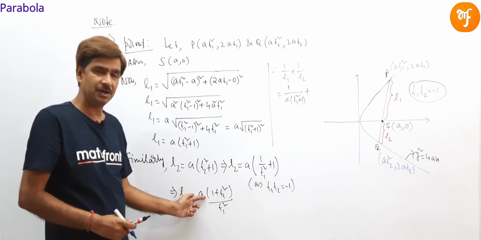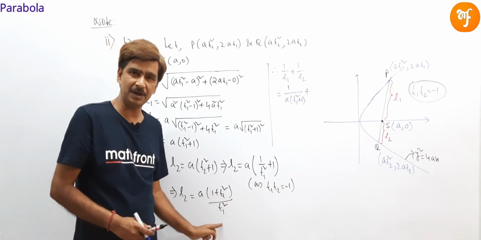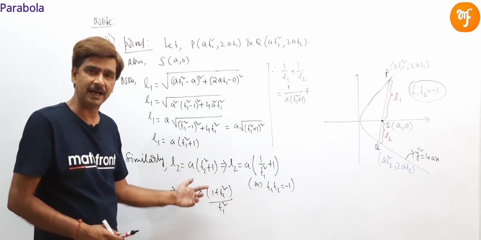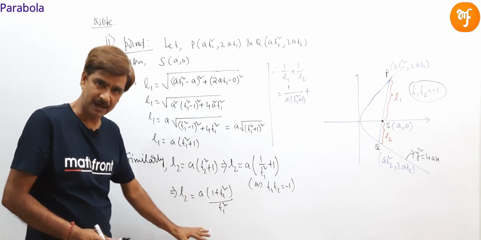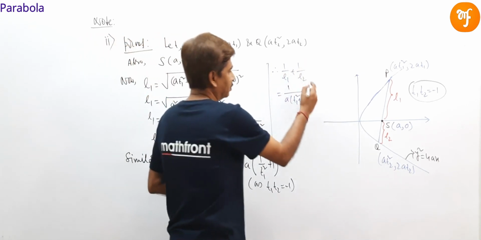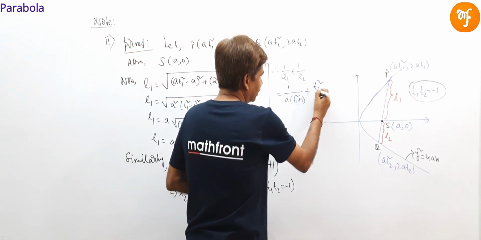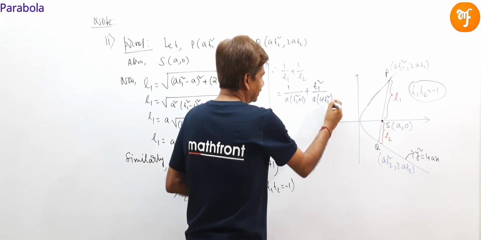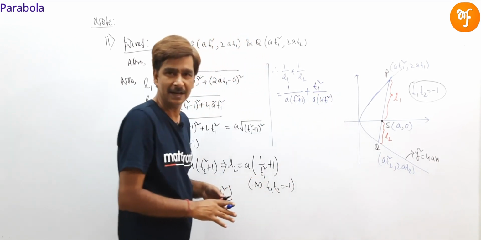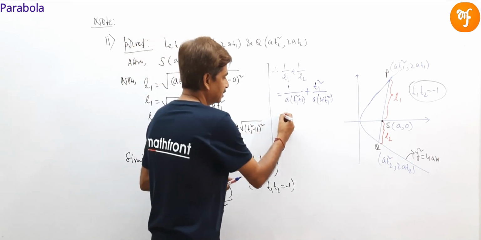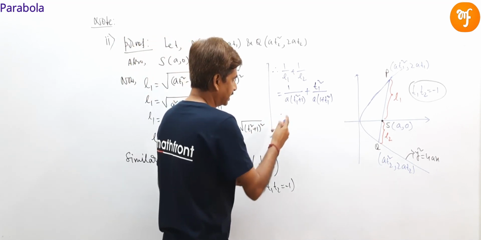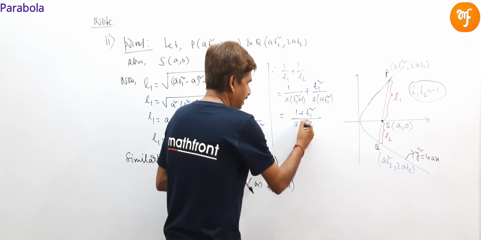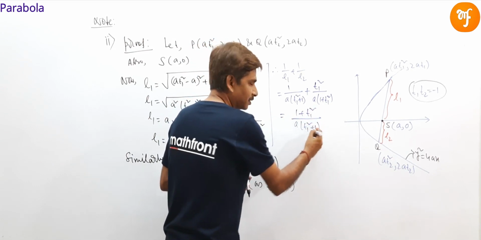L2 is a into (1 plus t1 square) divided by t1 square. If we reciprocate it, t1 square will be at the numerator and a into (1 plus t1 square) will be at the denominator. So 1 by L2 can be written as t1 square divided by a into (1 plus t1 square). Okay, clear? So just make the simplification.